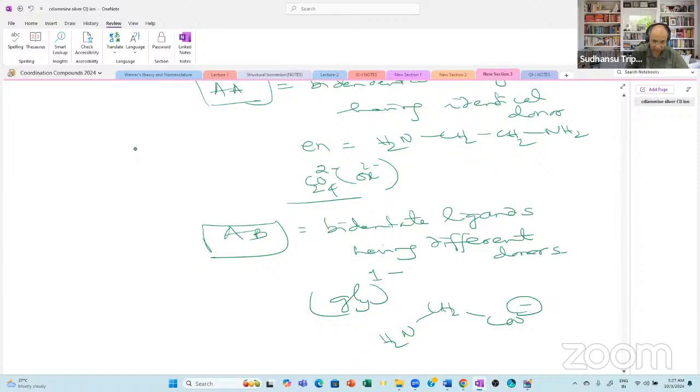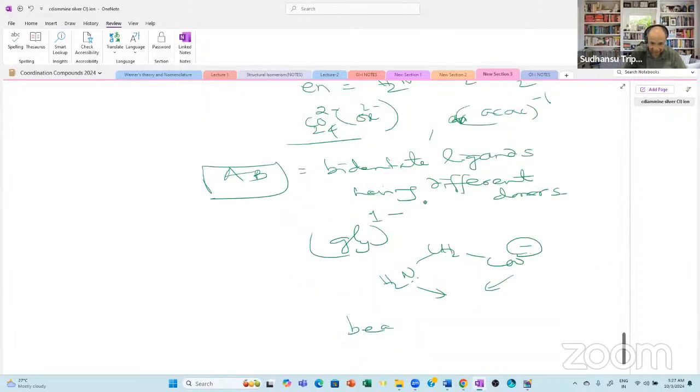This is glycinato, one is the neutral head nitrogen, the other one is an anionic head, so glycinato is minus 1. And another example of AA can be acac, acetylacetonato, minus 1.